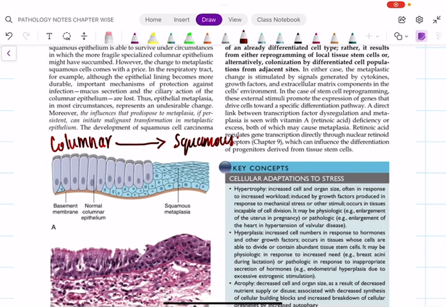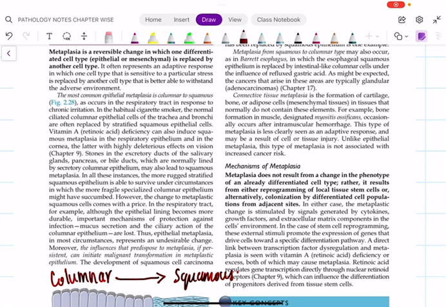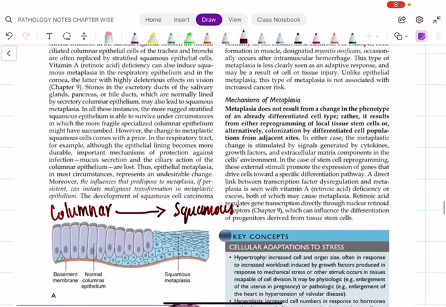This is called squamous metaplasia. This is the most important confusion you will get: the name of the metaplasia is determined by the fate, finally what it is becoming. For example, here columnar is becoming squamous. So we won't say it is columnar metaplasia. No, it is wrong.